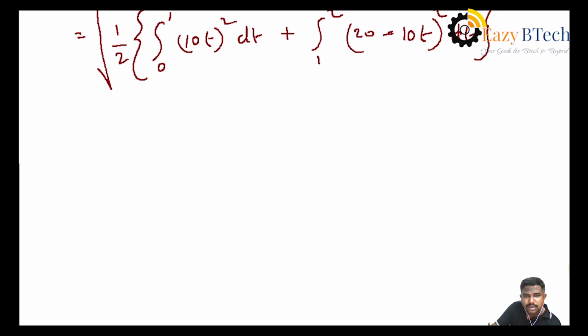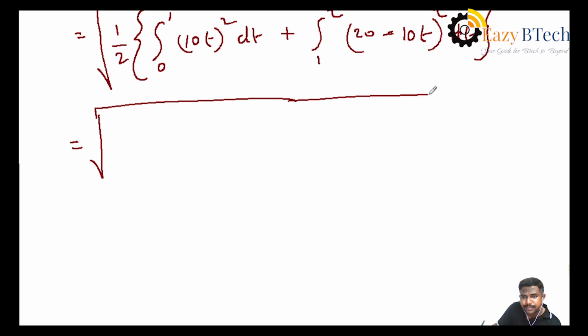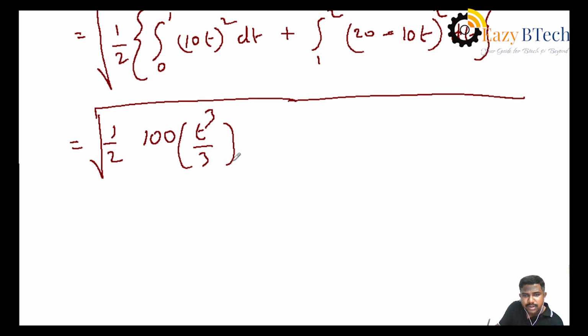For the whole function, write down the square root also. Then whole square root, 1 by 2, 10 into 10, 100 for t square, limits are applied, integration t cube by 3. The limits are 0 to 1, plus 20 minus 10 t whole square. Then apply the a minus b whole square, that is a square.